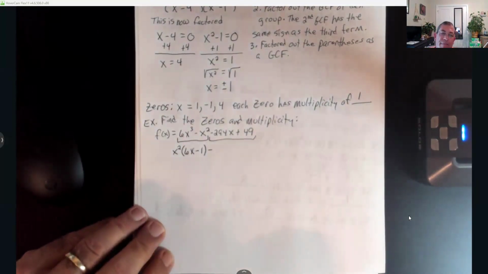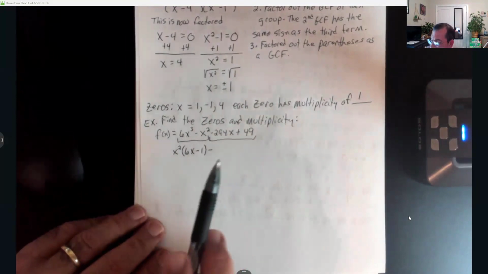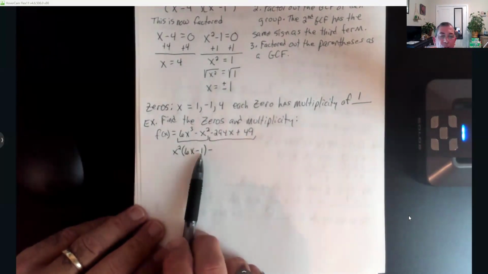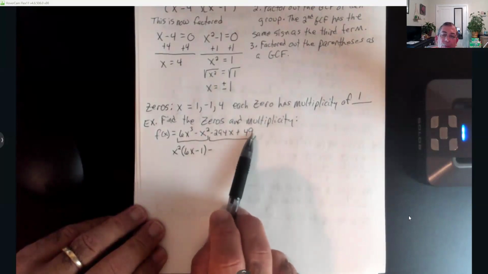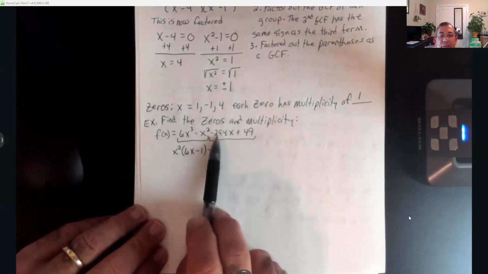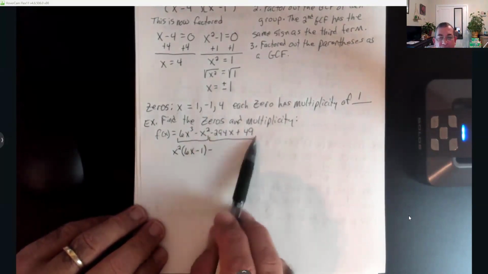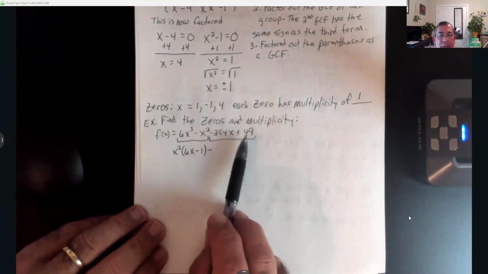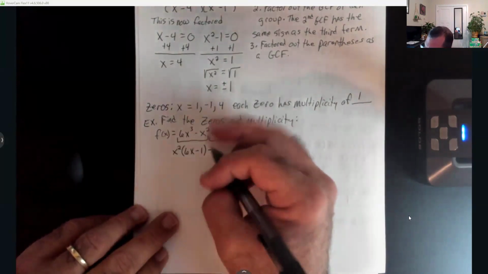Now, here's the trick. These are big numbers. But you need to end with a 1 at the end. So if you want to turn that 49 into a 1 to match these parentheses, that means that GCF of the second set of terms has to be 49.